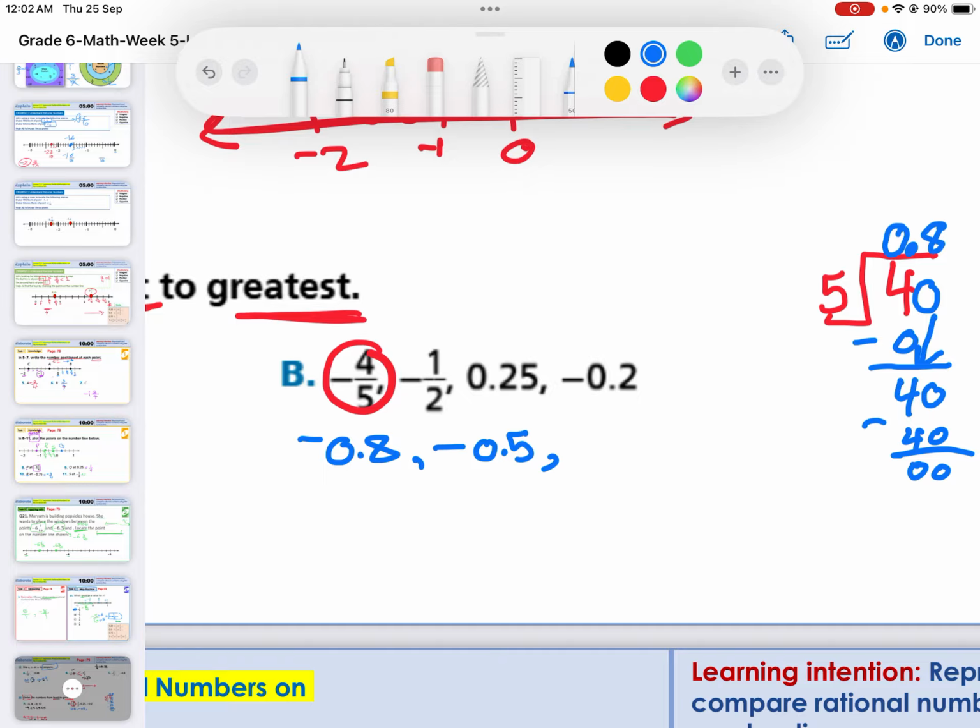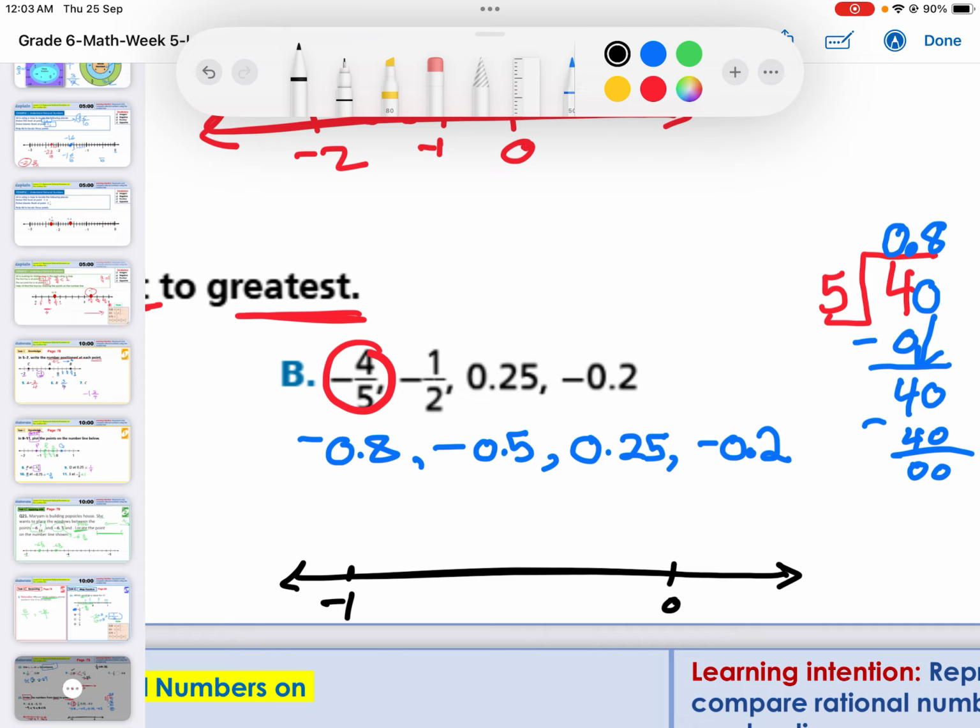So, yalla, let's order them. Let's start. You can draw the number line. The number line here will be between 0 and negative 1. Why? Because all the decimals are way less than 0. Obviously, you're going here with tenths, so we're going to cut it into 10 equal parts.